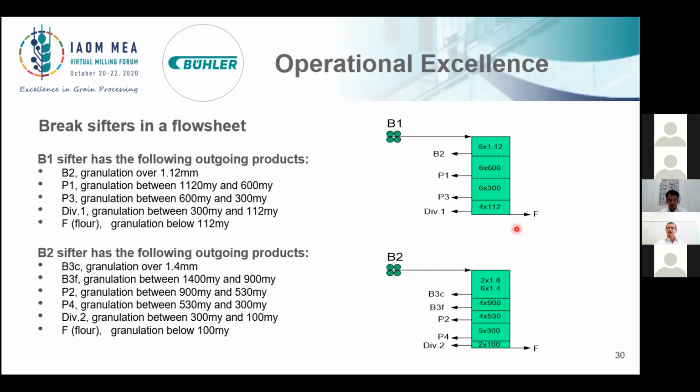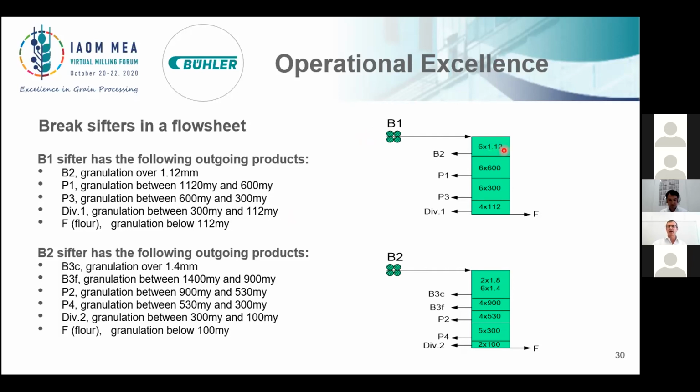So looking at the real case, we have a first break, 6 sieves of 1.12. Now what does that mean? Why do millers write 1.12? Above 1 millimeter, 1000 microns, you write it in millimeters.